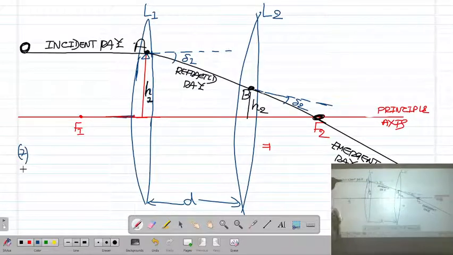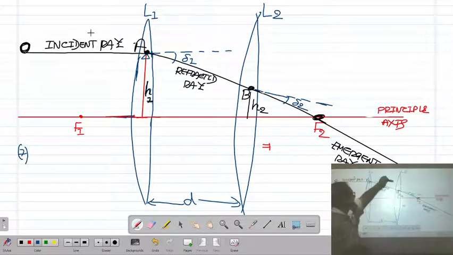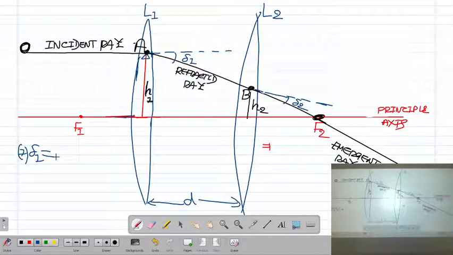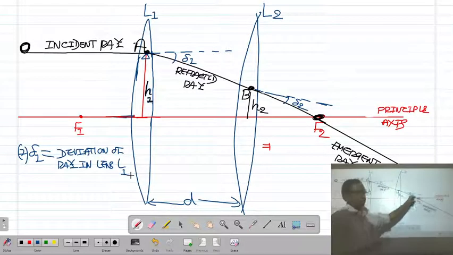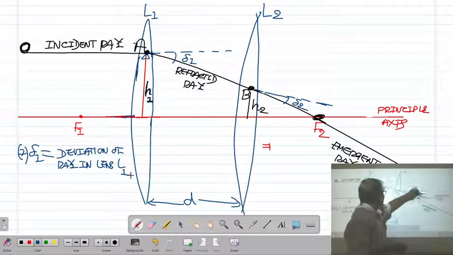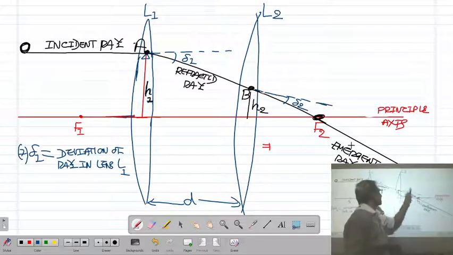Delta 1 is the deviation of the incident ray in lens L1. Instead of going straight, the incident ray is deviated through angle delta 1 in the first lens. And what is delta 2? Instead of going straight, the ray of light is deviated through angle delta 2 in the second lens.